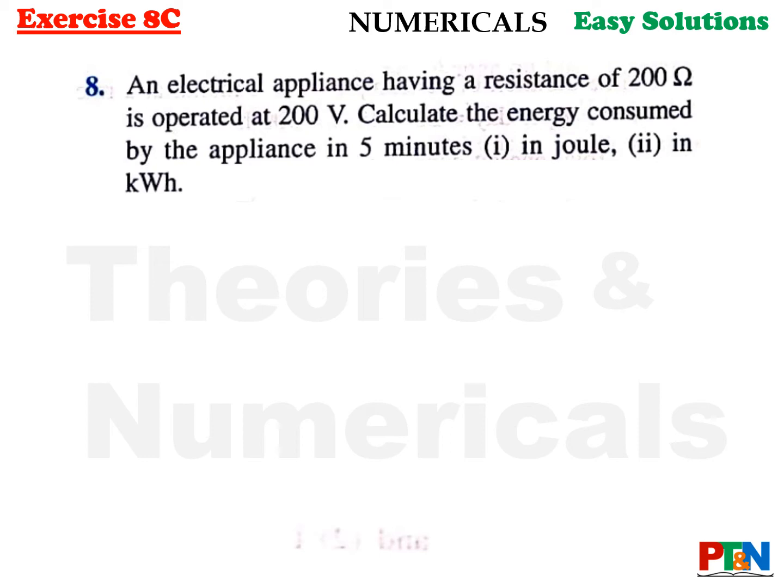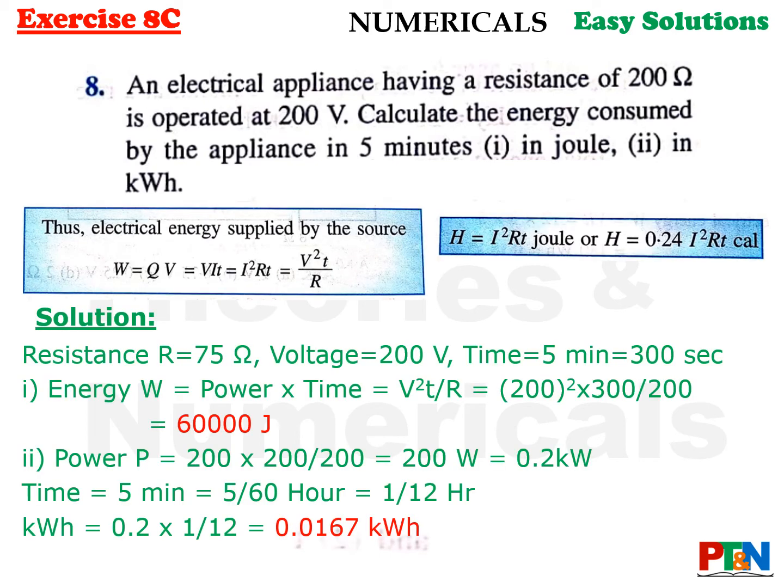Next one. An electrical appliance having resistance of 200 ohm is operated at 200 volt. Calculate the energy consumed by the appliance in 5 minutes in joule and in kWh. Very simple. Again, formula. You may have to use more than one formula.